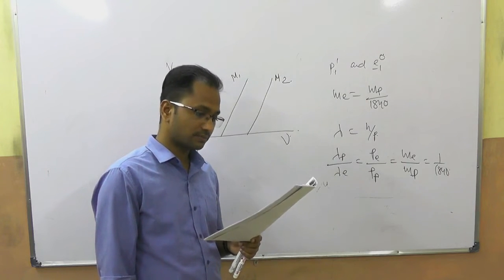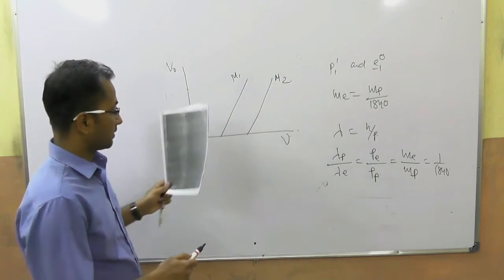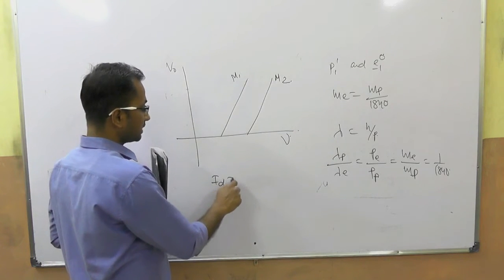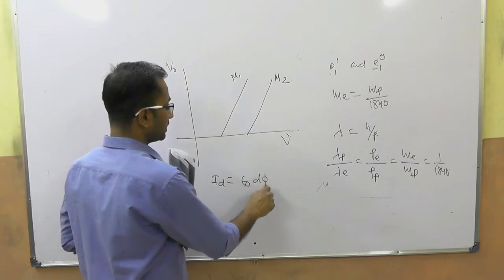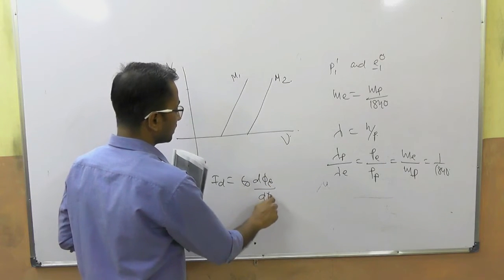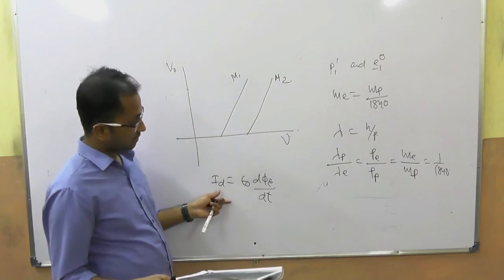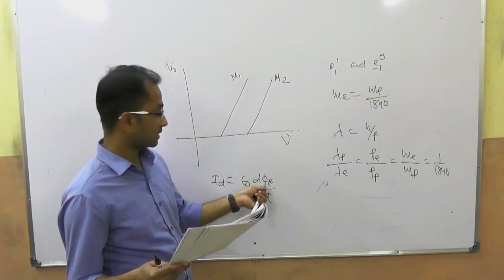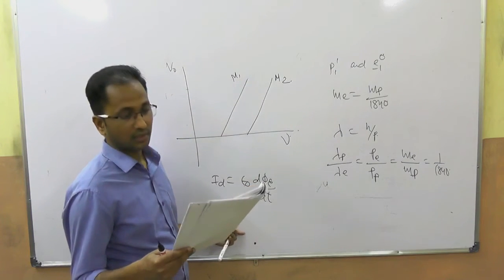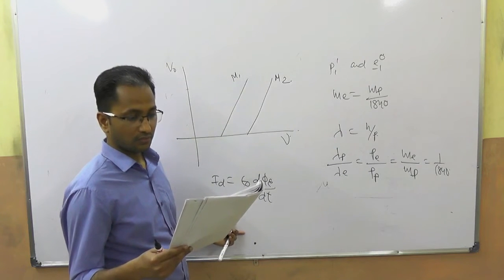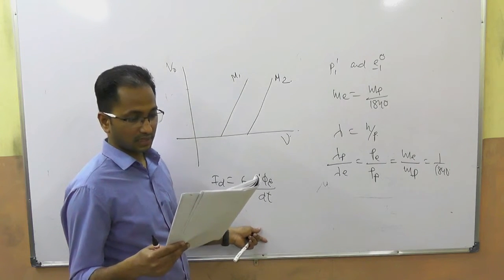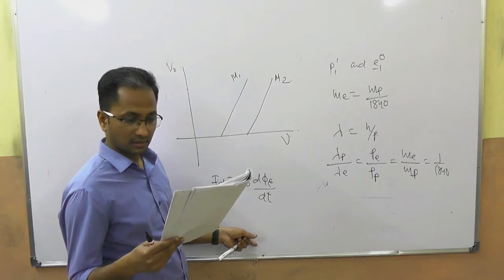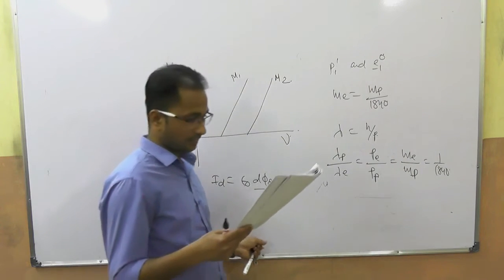In case of a capacitor, displacement current I_D is epsilon naught d phi E by dt, which is the change of electric flux, but conduction current is due to the flow of charge. So this is the basic difference between conduction current and displacement current.